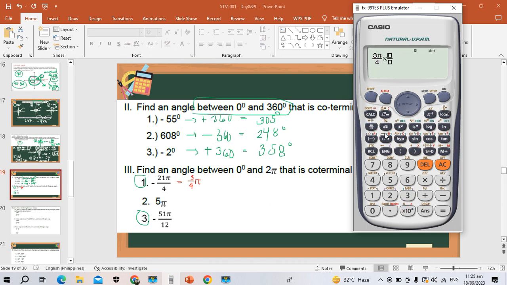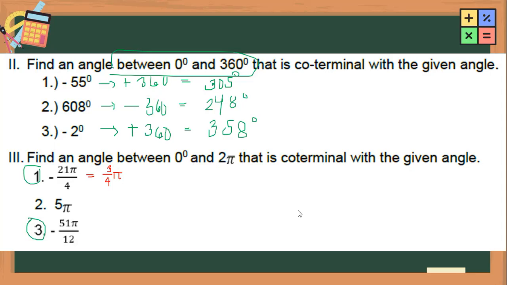We multiply it by 180 all over pi. As you can see, 3 pi all over 4 in degrees is 135, which is between 0 and 360. So our earlier answer of 3 pi all over 4 is correct. We're using the calculator to be faster.